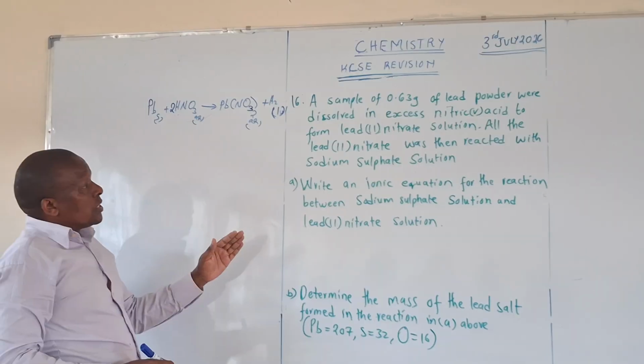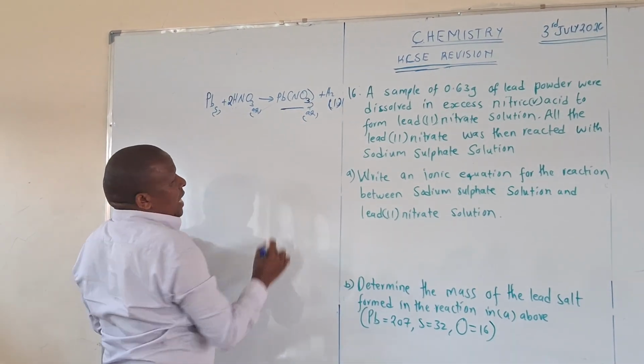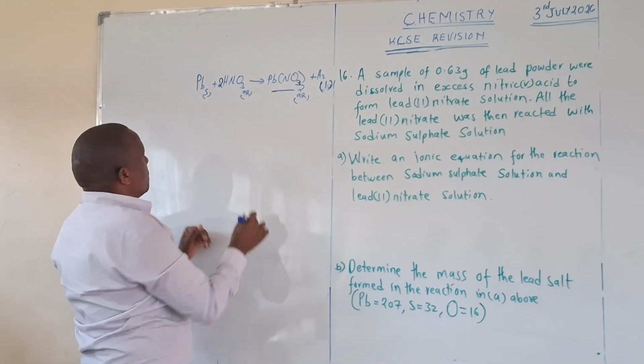All the lead 2 nitrate was then reacted with sodium sulfate solution. So we take this lead 2 nitrate and we react it with sodium sulfate solution.